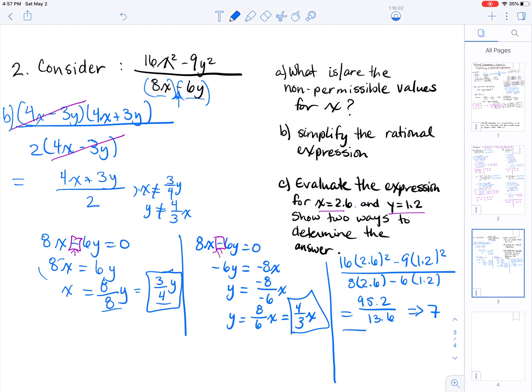Well, let's see if the simplified one comes out the same way. So I would do 4 times 2.6 plus 3 times 1.2 divided by 2. What does that equal? Well, it's 14 divided by 2, which is equal to 7.